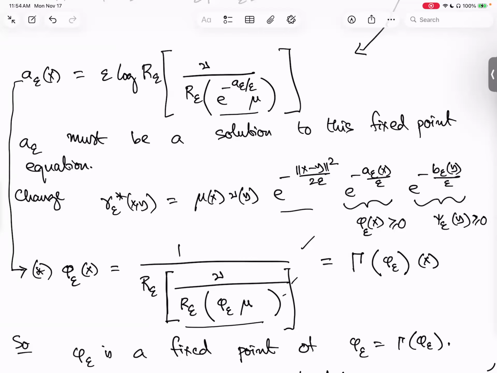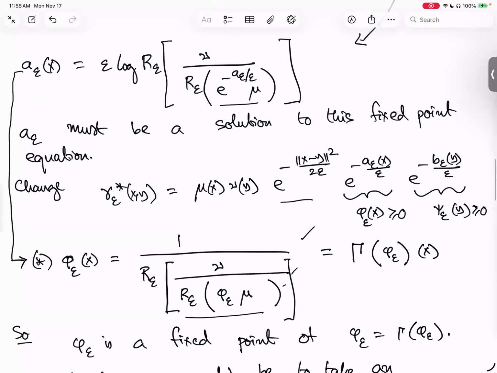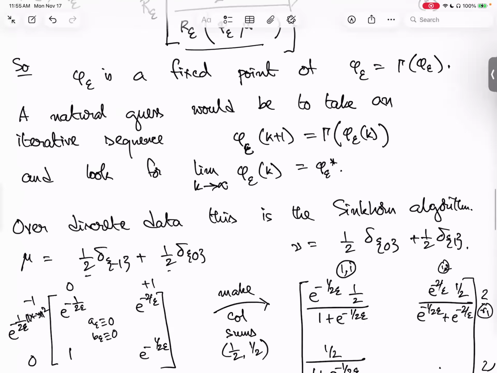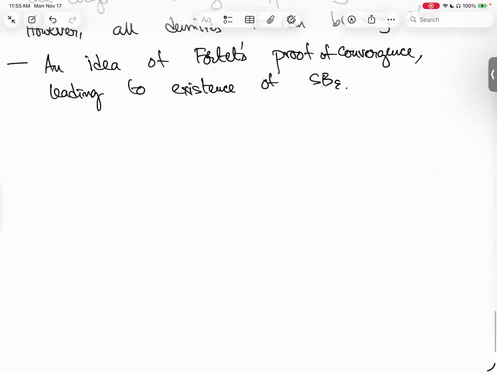Okay. So this is the idea that we had: e to the power minus A epsilon. Phi epsilon is 1 over R epsilon of the epsilon. Let me write this iteration down again.